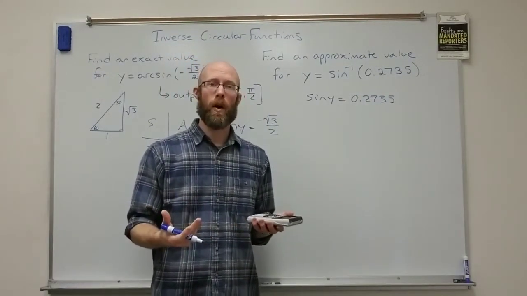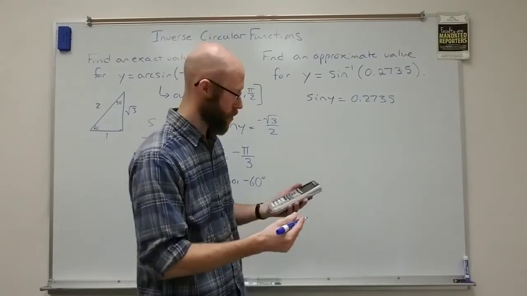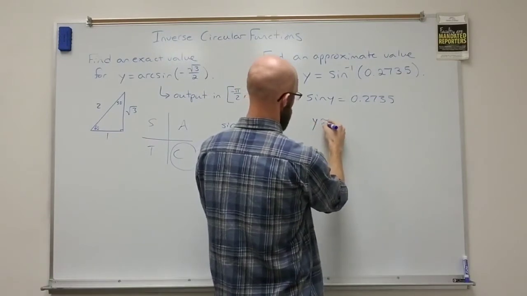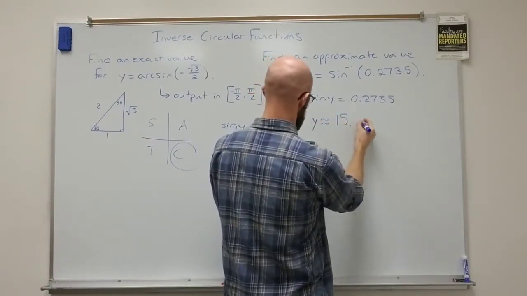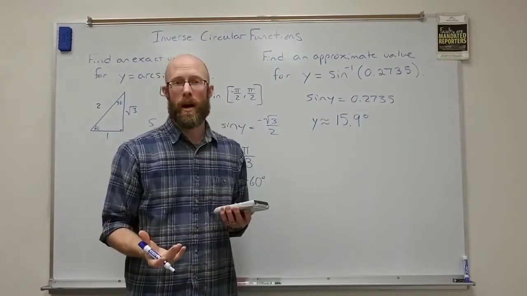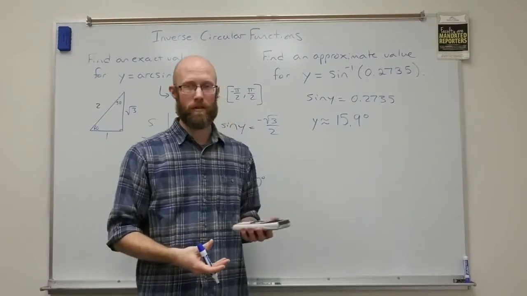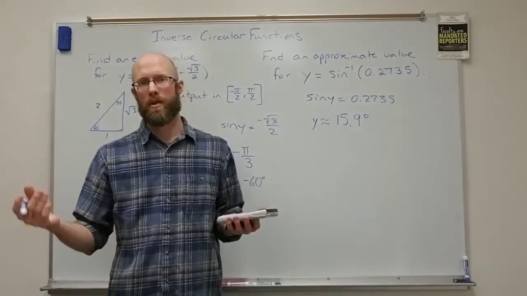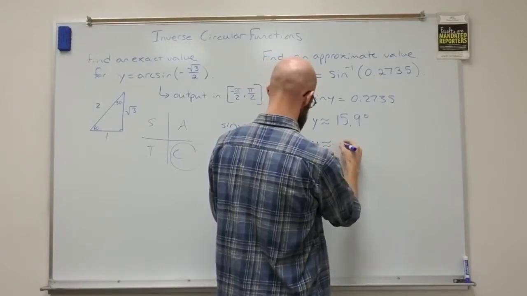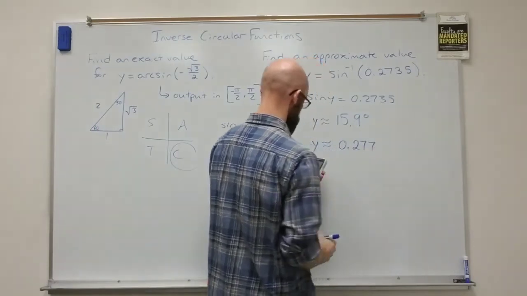With the decimal approximation, it depends on how the question is asked. They may want you to round to the nearest tenth of a degree. In that case, y is approximately 15.9 degrees. They could also ask you to put this in radian form and maybe round to the nearest thousandth, 3 decimal places. And so you could also say that it's approximately 0.277.